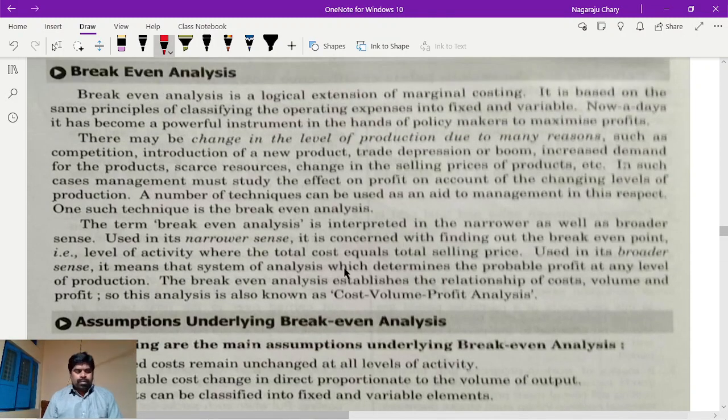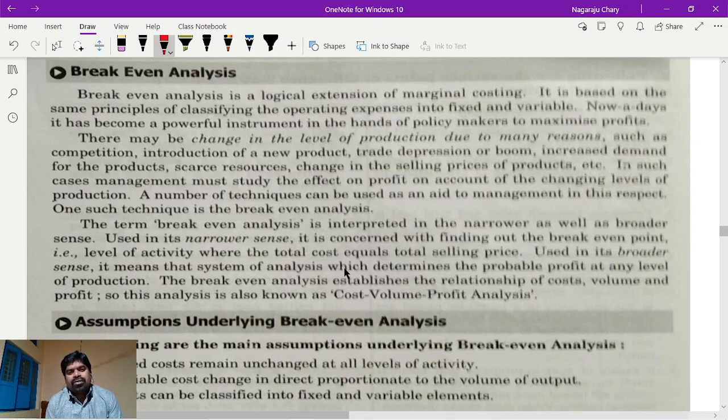Generally, break-even analysis is a technique that is very useful to management in taking decisions. Break-even point is a position in which the total cost is equivalent to what we are going to get as returns, that is the selling price.